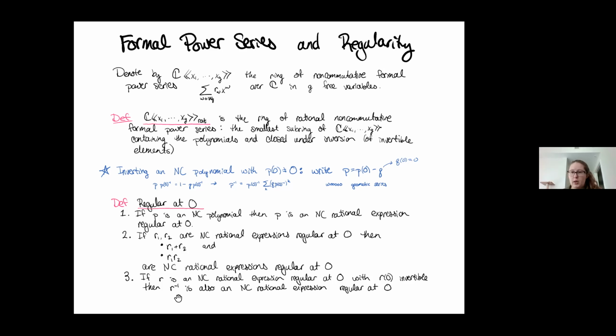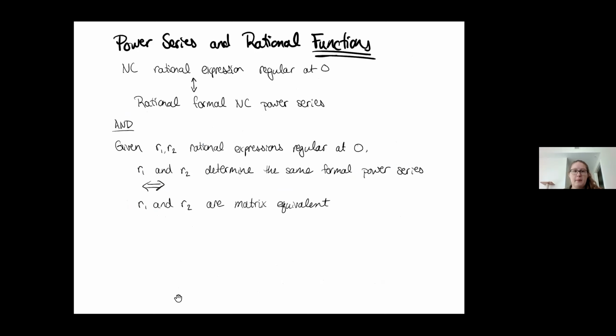So similarly, if you've got an NC rational expression that's regular at 0, that is, we built it from polynomials and inverses of nice polynomials, that corresponds to some rational formal non-commutative power series. So your intuition is still okay here. Your power series goes with regular and regular goes with power series, and that's wonderful.